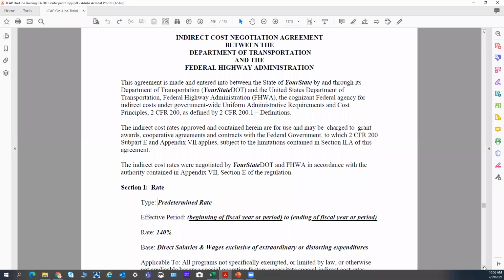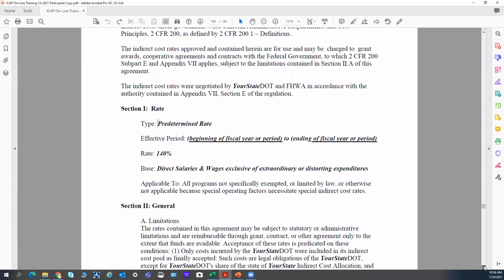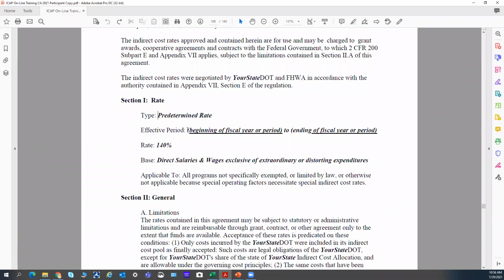But here they talk about the rate. In this case, it was a predetermined rate. You've got a spot there for the period. There's the actual rate that they're requesting. There's their base. So all of this is right up front. Notice that they put some unique language in here too that corresponds with the requirements that we've talked about the last couple of days.